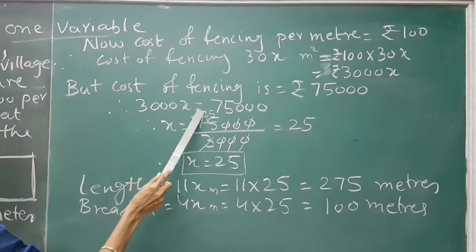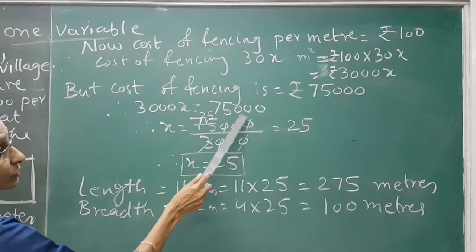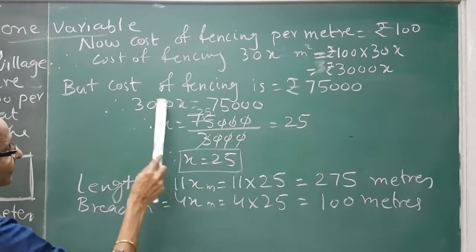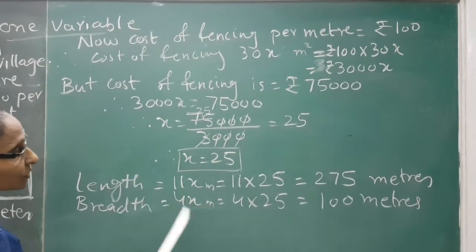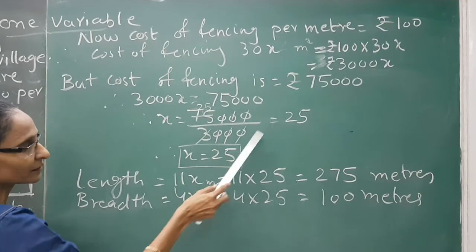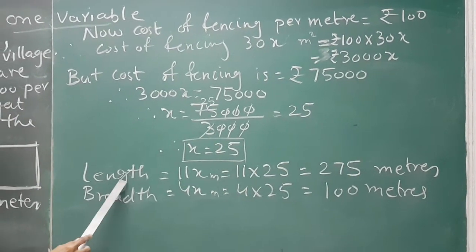Therefore 3000x is equal to 75,000. Therefore, x is equal to 75,000 upon 3000. 3 zeros gone, 3 twenty-fives are 75. Therefore, the value of x is 25.